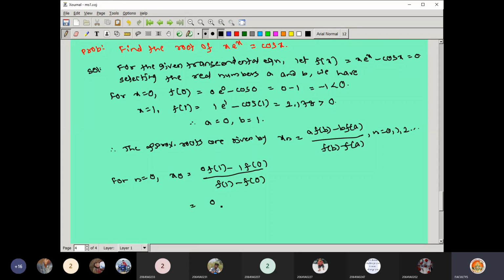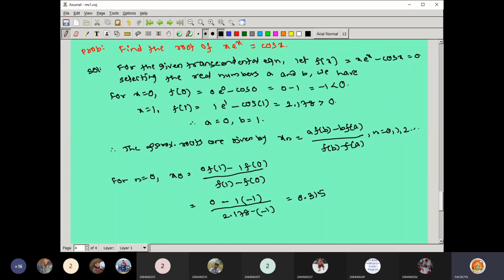So 0 into something is overall 0, minus 1 into f of 0, whose value we already calculated as minus 1, overall divided by f of 1, which is 2.178, minus f of 0, which is minus 1. So you are getting the answer 1 divided by 3.178, which is 0.315. So this is the first approximate root.